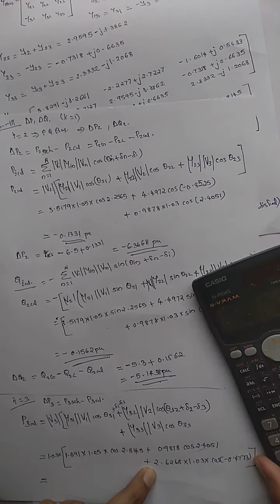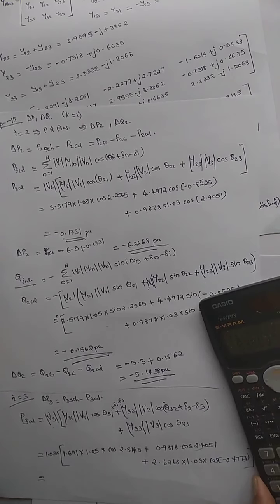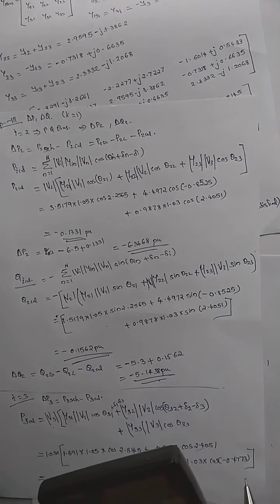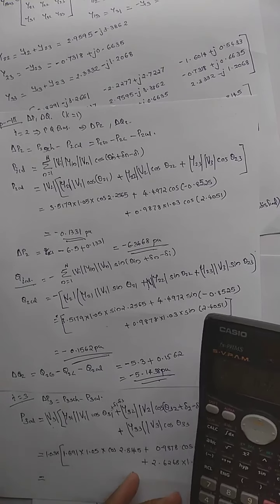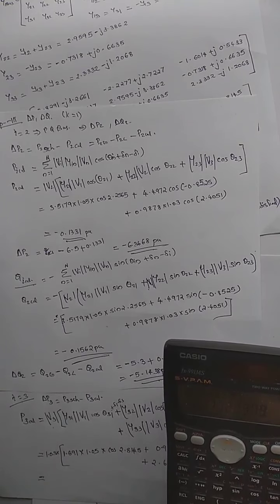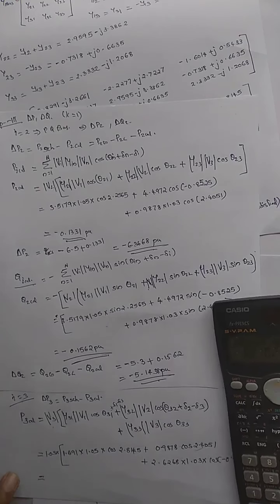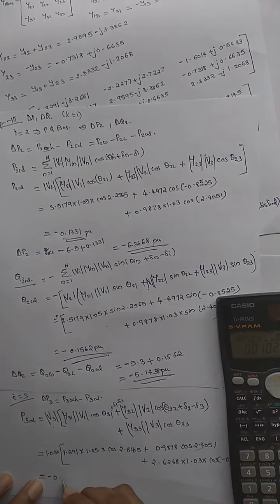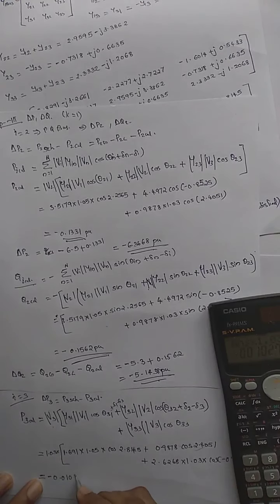Oh, that is a very low value I am getting for delta P3. Sorry, not delta P3, P3 calculated I am getting as minus 0.010, like that, into 1.03. This is my P3 value.